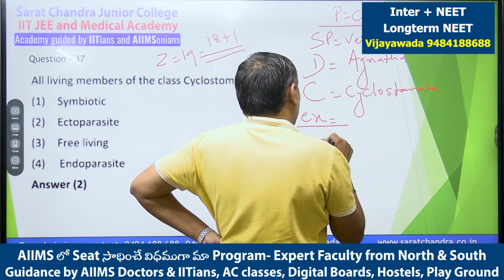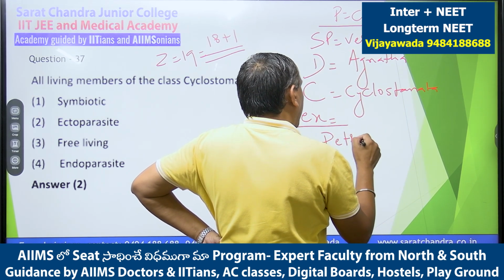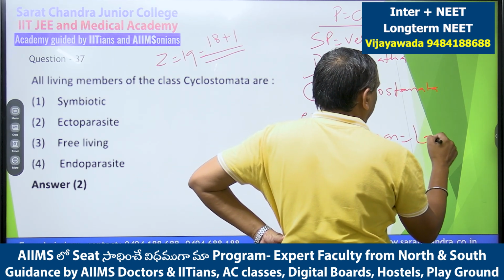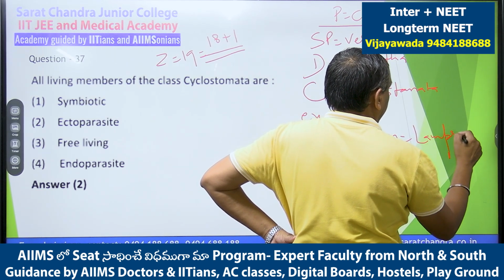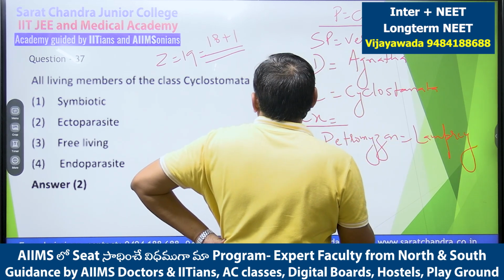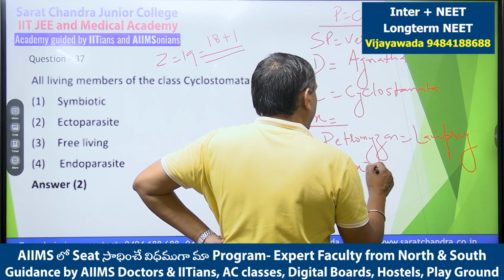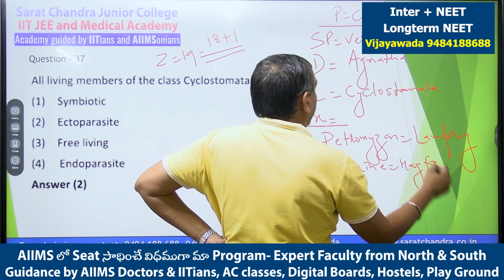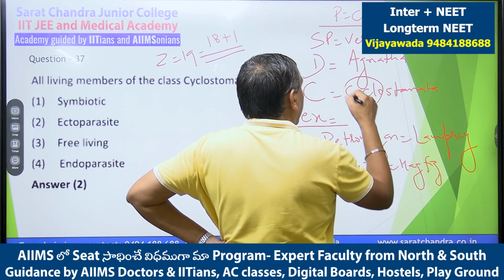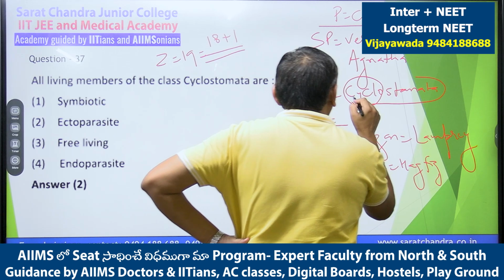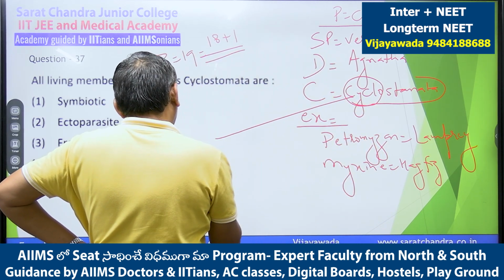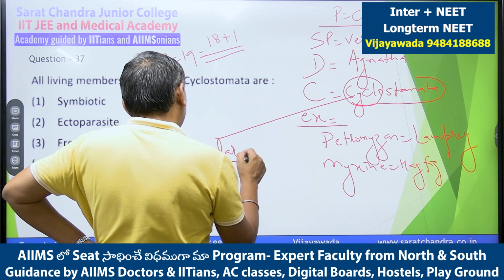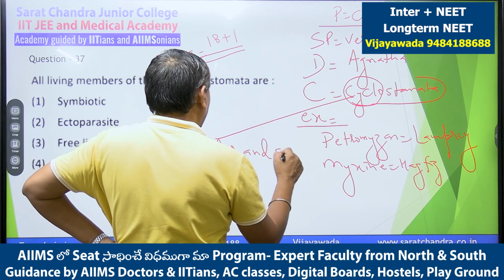Examples: Petromyzon, known as the lamprey, and Myxine, known as the hagfish. Why are they known as Cyclostomata? Cyclo means circular, stoma means mouth. They have a circular and sucking mouth.